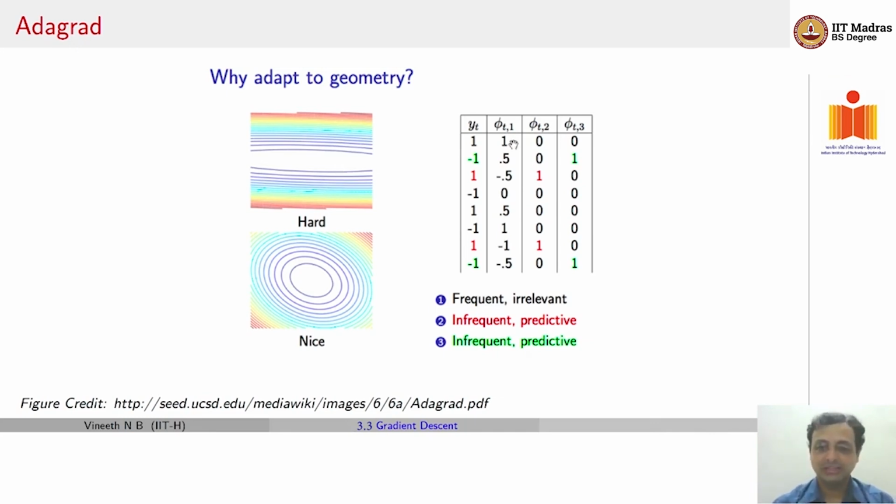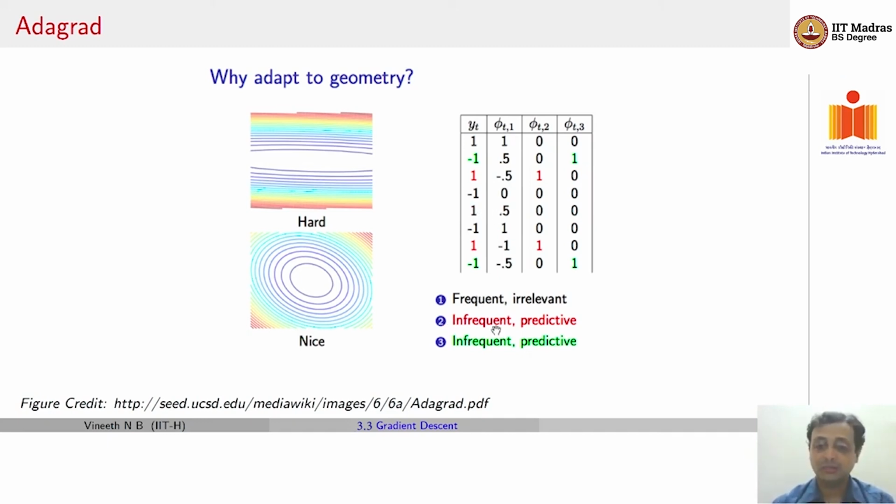So if you see this example here, which denotes, let's assume, the gradient and the corresponding yt value, let's look at the black one, frequent and irrelevant, which simply states that all those values keep changing regularly, but they don't seem to be connected to the class output, or the output of whatever function you're modeling.